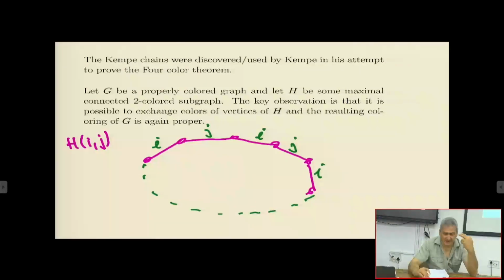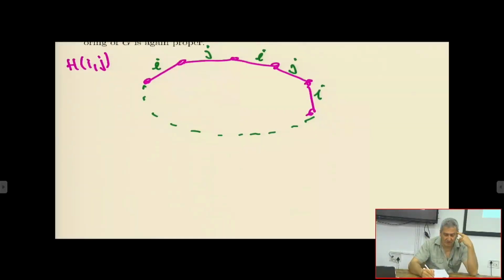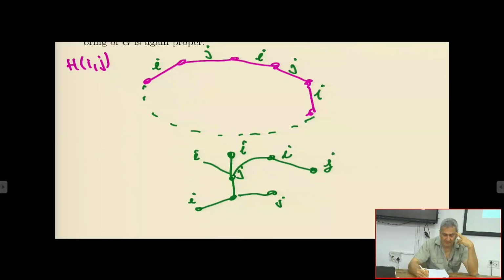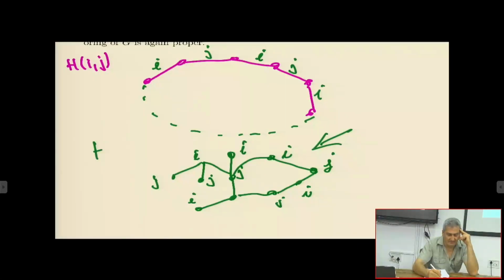It can branch, yes. It can be any kind of graph, yes. But of course, if it has a cycle, it has to be always even. It's a bipartite graph, actually. When you take 2 colors, it's a bipartite graph.